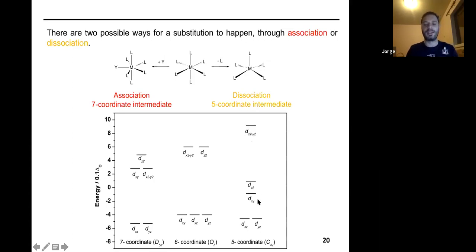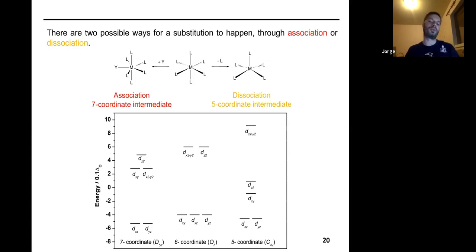In this case, dxz, dyz, and dxy are below 0, so electrons in these 3 orbitals stabilize the system, while dz squared and dx squared minus y squared are above 0, so electrons going to these orbitals will destabilize the system.